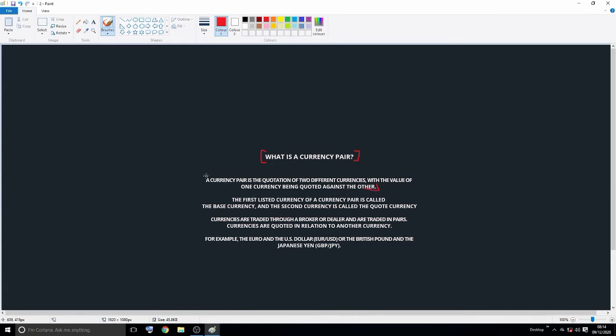So we are comparing values of currencies. The word pair means two, and a currency pair is a quotation of two different currencies. So now you know that currency pair means we are talking about two things.